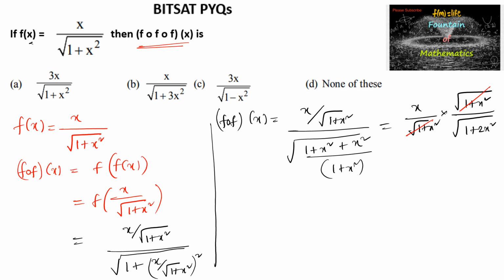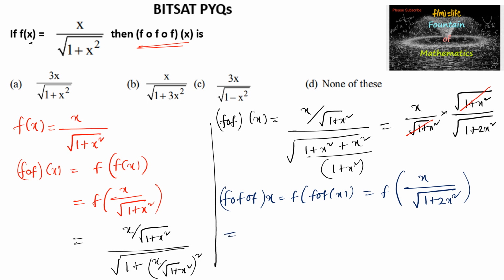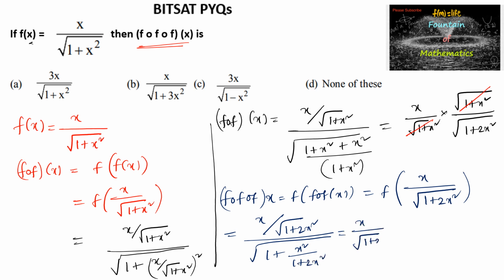Now we shall consider f circle f circle f of x, which is equal to f of f circle f of x, which is equal to f of x upon under root of 1 plus 2x square. So let us simplify this. So we can write x upon root of 1 plus 2x square divided by under root of 1 plus x square divided by 1 plus 2x square, which is equal to x upon root of 1 plus 2x square into under root of 1 plus 2x square divided by under root of 1 plus 2x square plus x square, that is 1 plus 3x square.